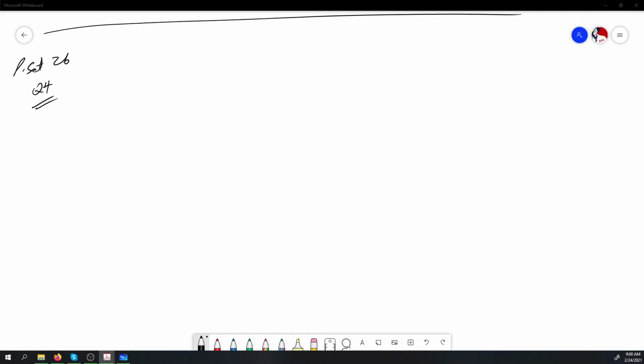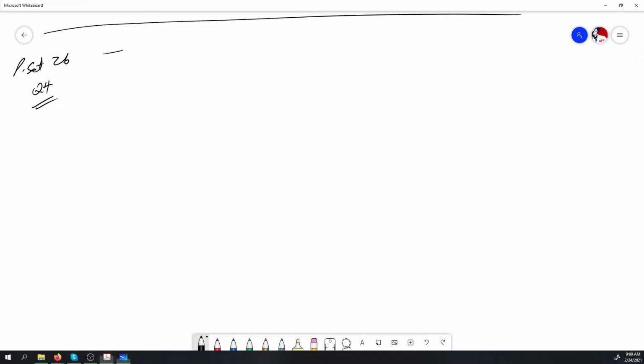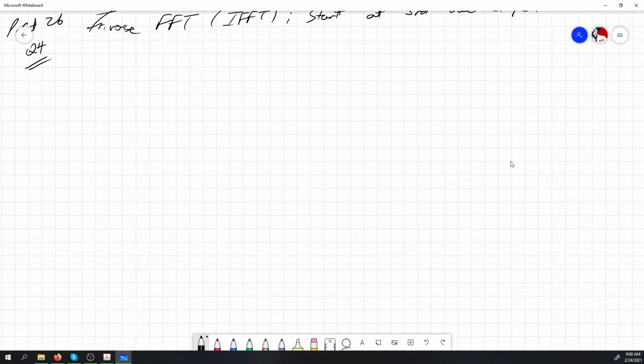So we're doing the inverse FFT, IFFT. That means we need to start at the third decimation stage. And I'm going to use placeholders for each one of these in particular.